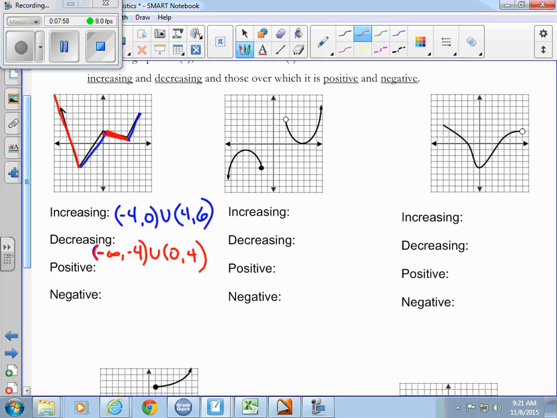Any questions about that? Okay, now let's talk about positive and negative. Let's use green and purple. When is the graph positive? Good. When it's above the x-axis, so this part right here, negative infinity to negative 5.